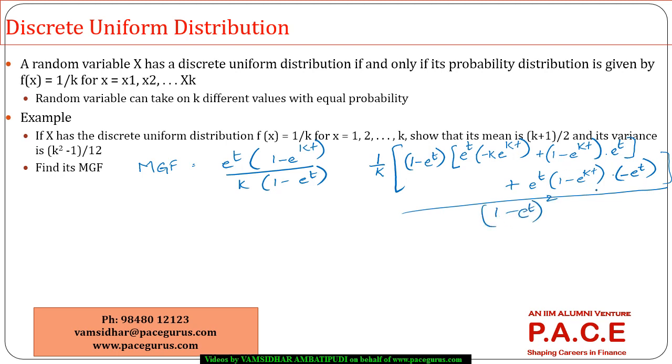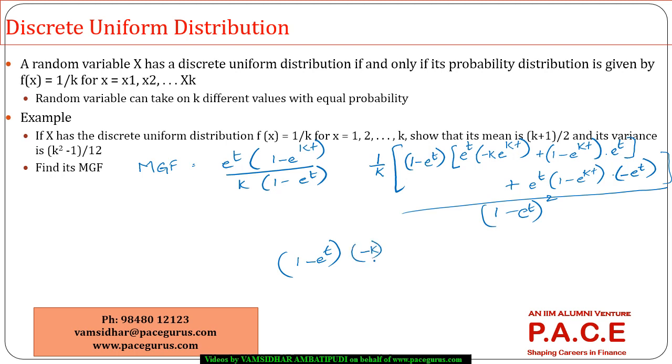The good part looks like 1 minus e power kt into e power t. So I can very well take out 1 minus e power t. This will become, if I expand it, 1 minus e power t, with 1 by k taking it outside. It is becoming minus k, right?